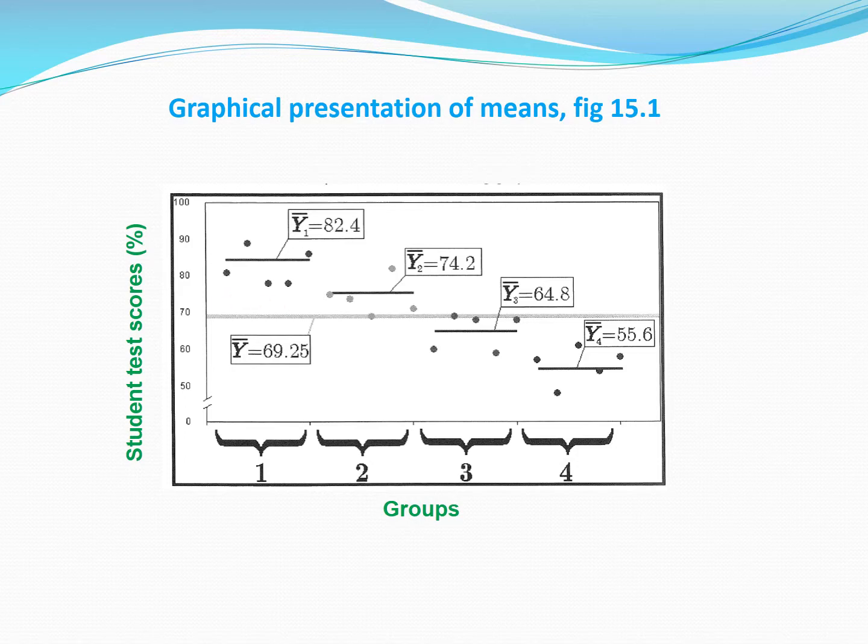So they indicated the student test scores for each group, and then also the group means for each group, and then the overall mean. So you can see that this confirms our hypothesis test conclusion, because there is some variation between the sample means in this graphical representation.